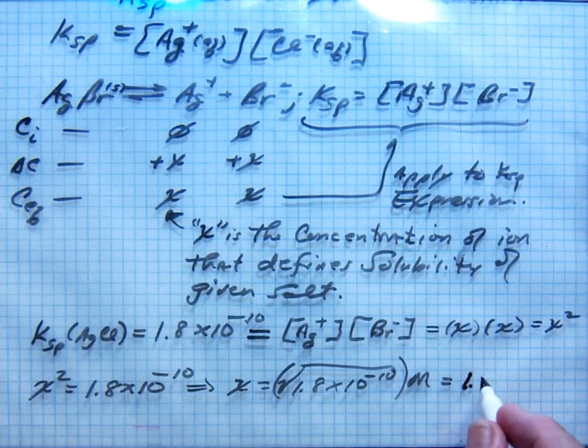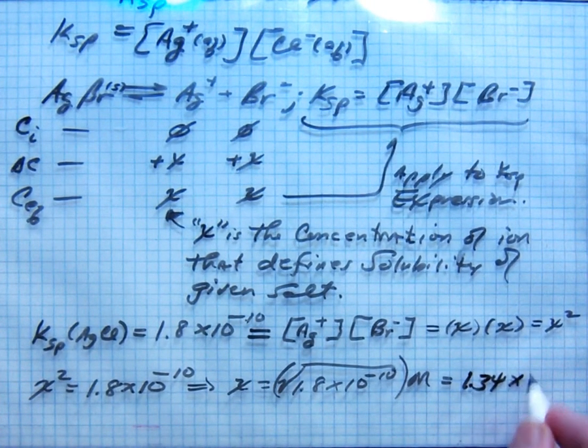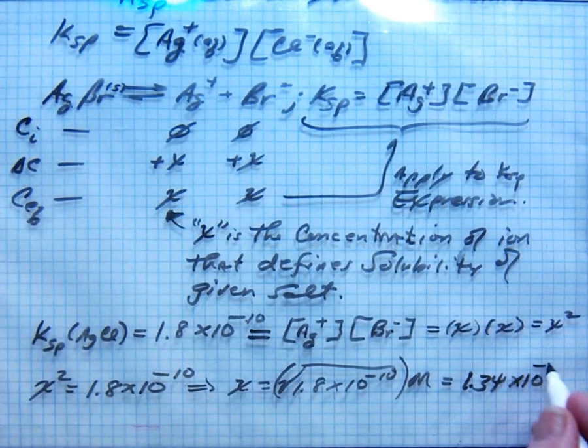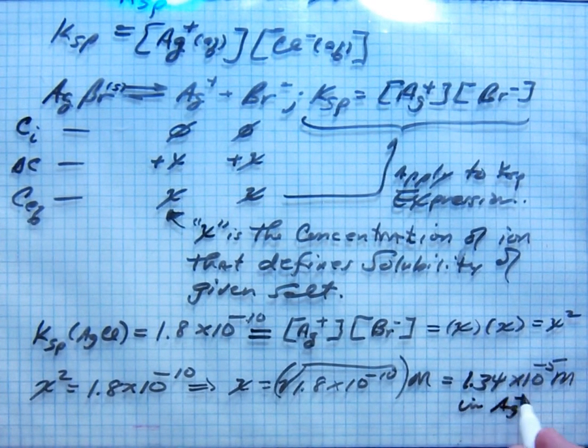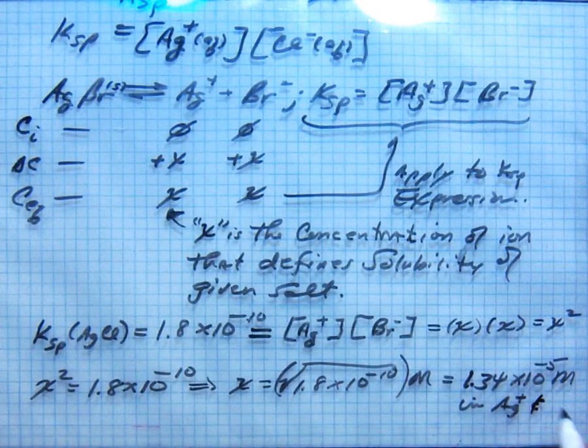And that's 1.34 times 10 to the minus 5 molar in silver and chloride ions.